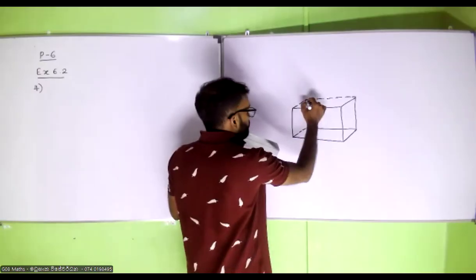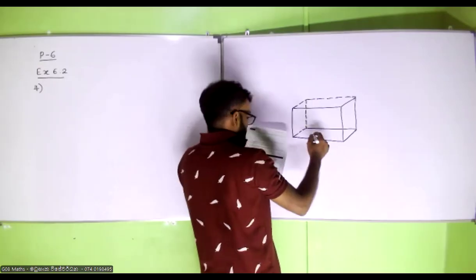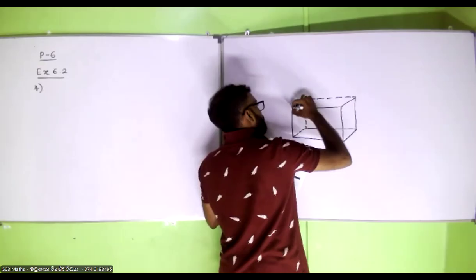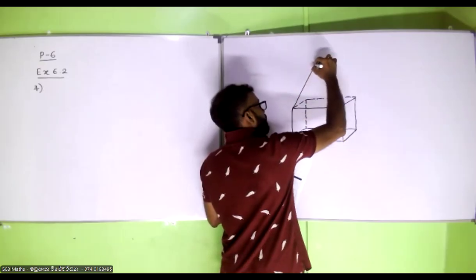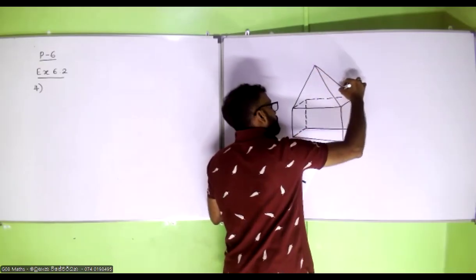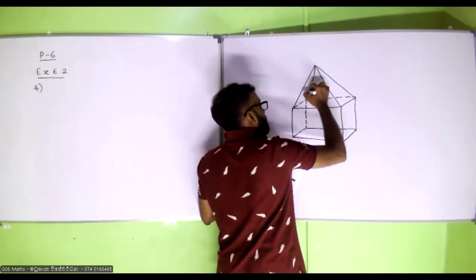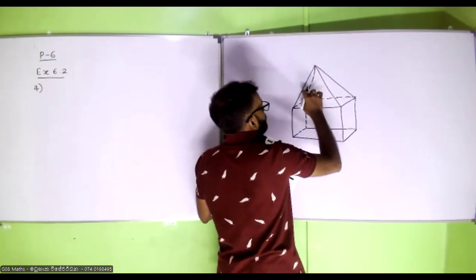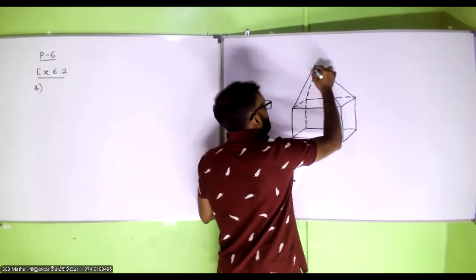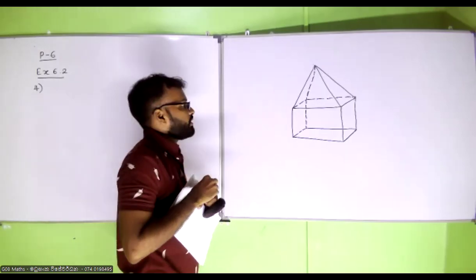So this is the cube. Right? And on top of this cube you have a square pyramid. Right. So it is something like this. Right.